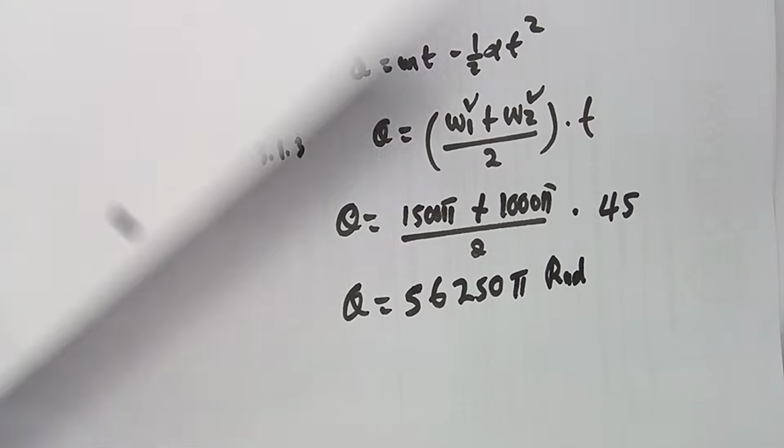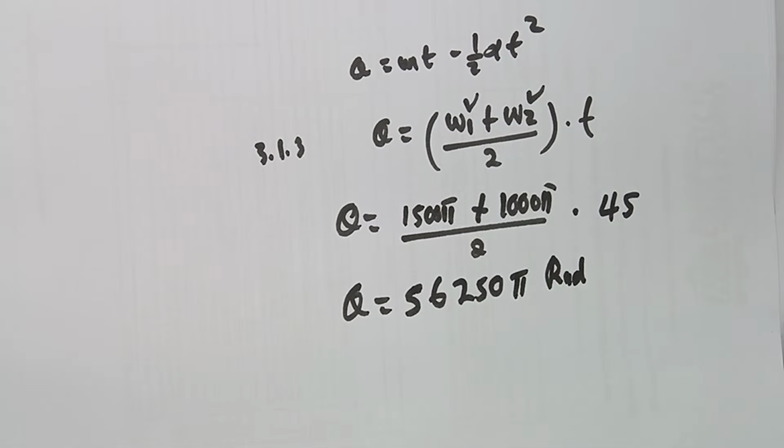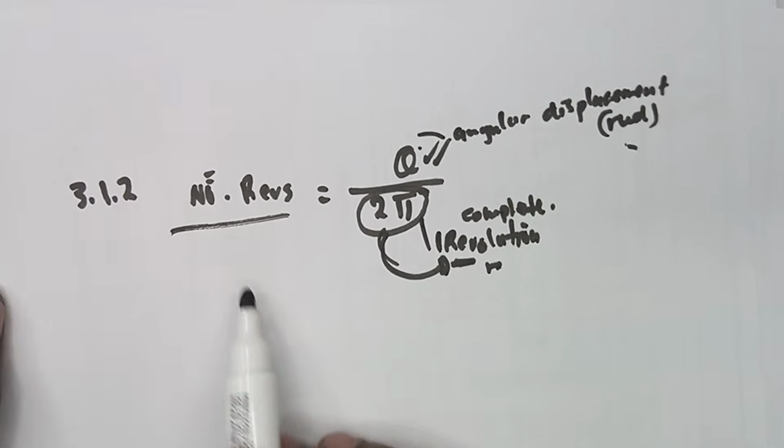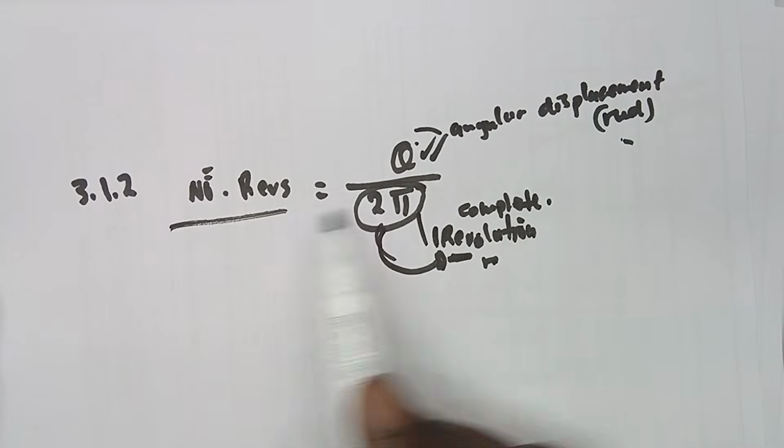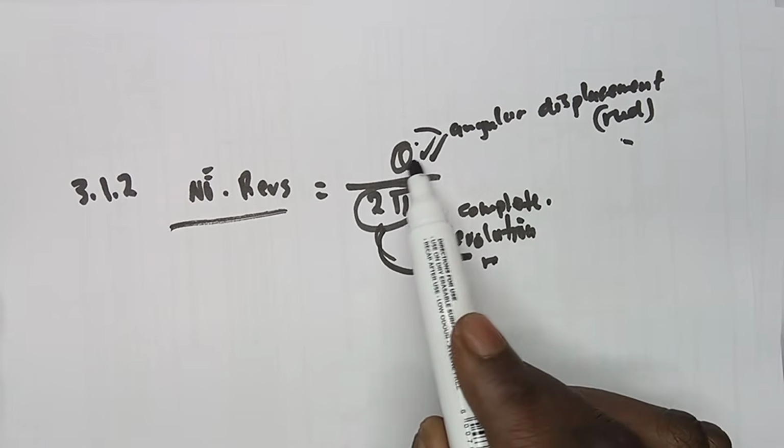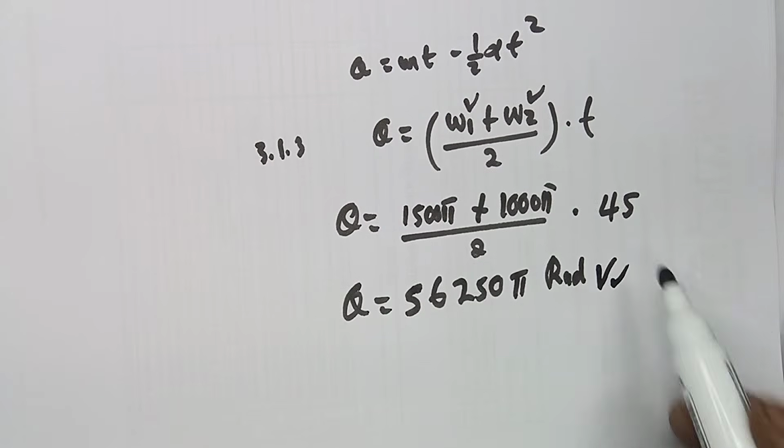But in order for you now to have the number of revolutions, because we need to find the number of revolutions, it's going to be theta, which is the angular displacement, over 2 pi. So you have got the angular displacement, this one.